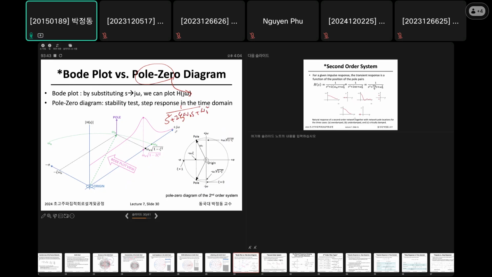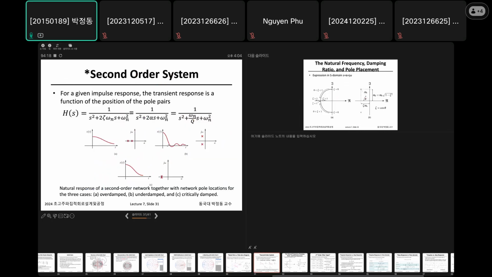If I get the root of this line, these are the poles, then I have two poles, which are given by minus omega n plus or minus omega n square root of 1 minus zeta squared. That's why you have poles here and here. This is a typical pole-zero diagram of the second order system.